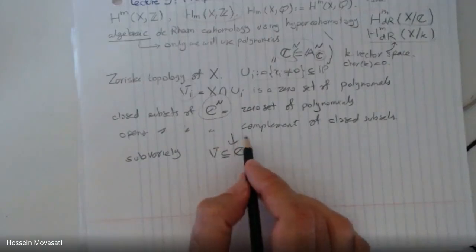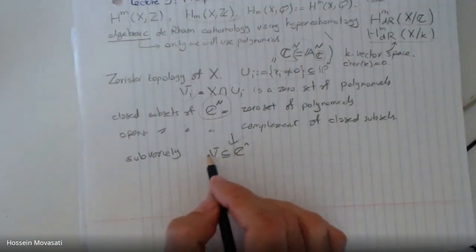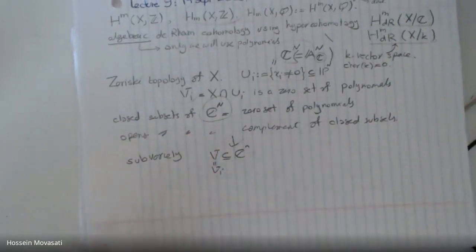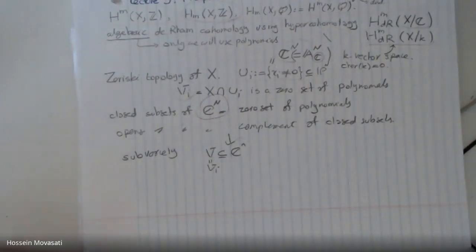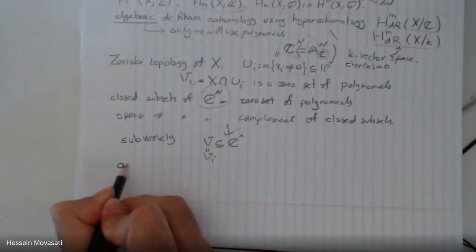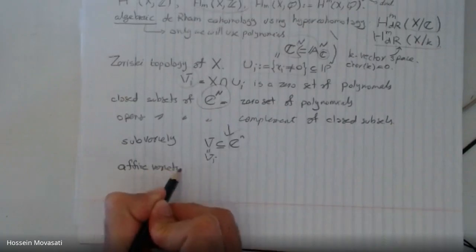So we have defined the topology in C^n, and then we define the topology for V. Let's say V equals the union of the V_i. And yeah, then this will be the Zariski topology, but maybe some open sets are very special for us, affine varieties.